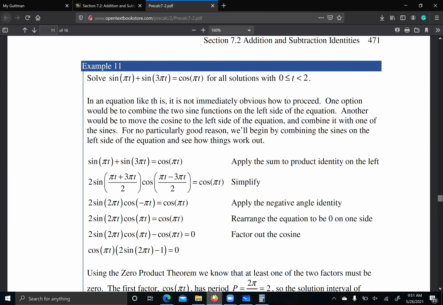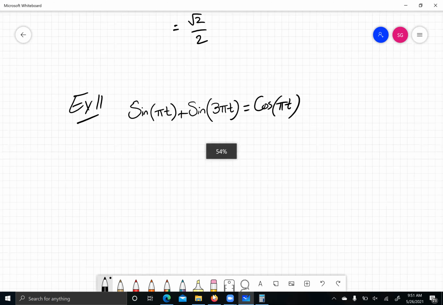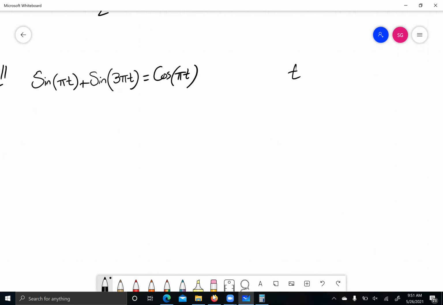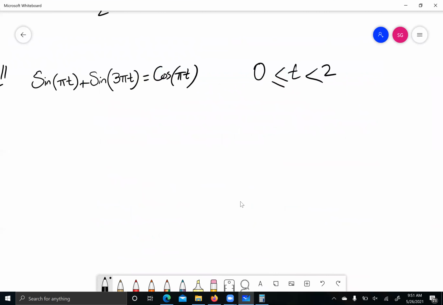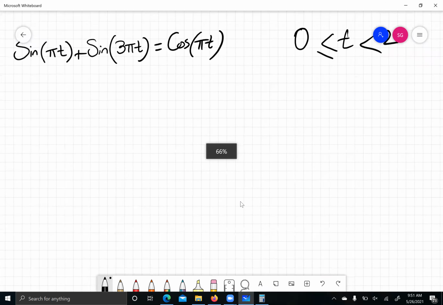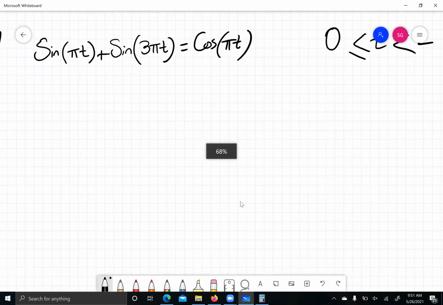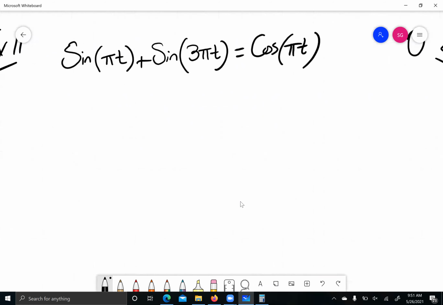Okay, it says solve this equation for all solutions between 0 and 2. So find all the values of t between 0 and 2 such that it satisfies this equation. So look, what do we have here? On the right side, we have cosine. I'm going to leave it like that because I cannot simplify that further.